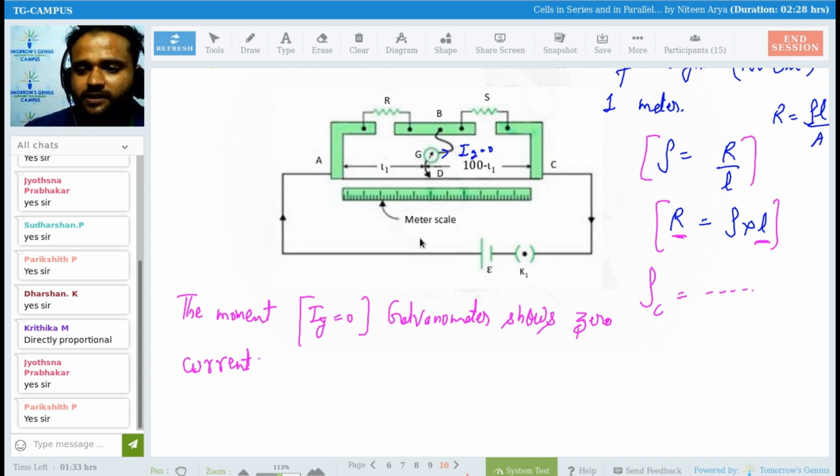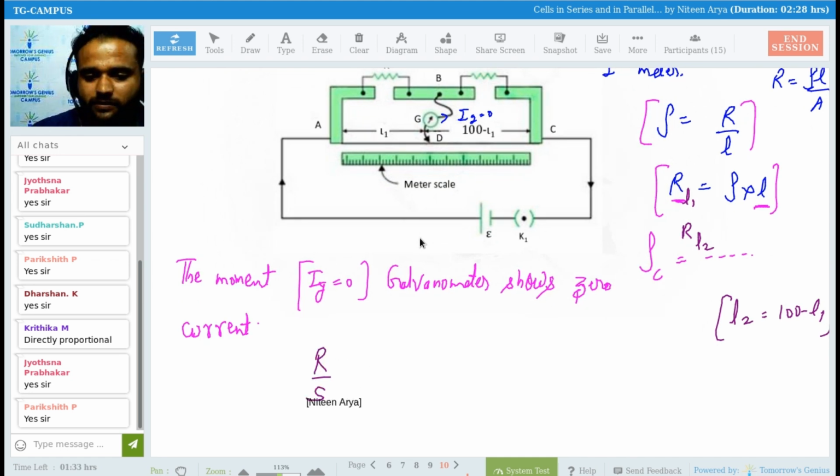This is the resistance R L1, and this is the resistance R 100 minus L1, or you can say R L2, where L2 is 100 minus L1. Simply, we again fulfill the condition R by S equals L1 by L2, which is L1 upon 100 minus L1.